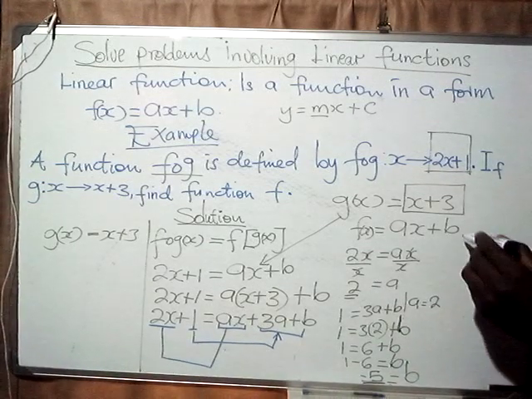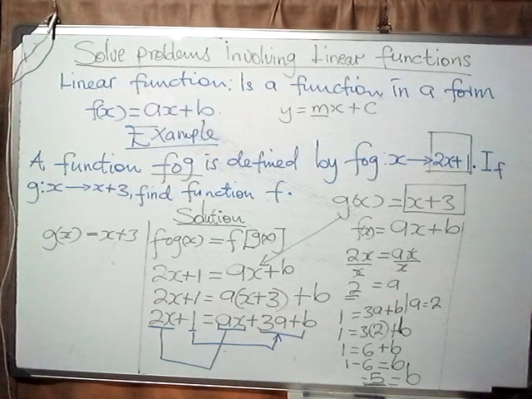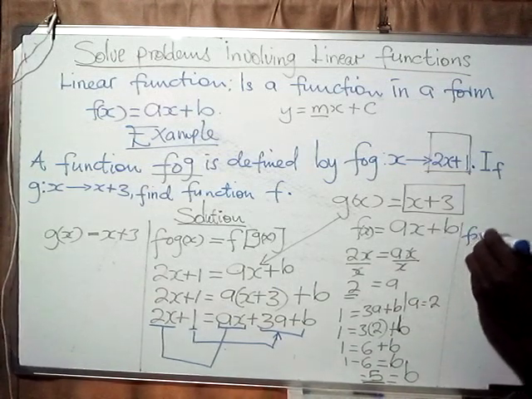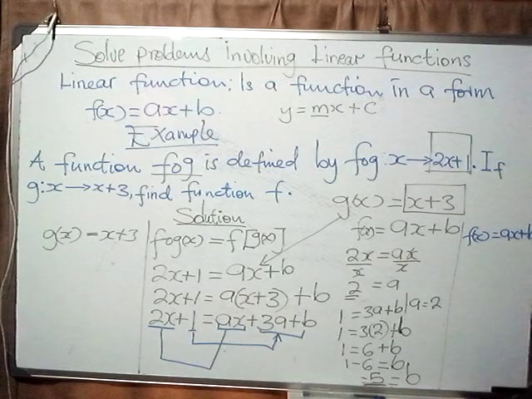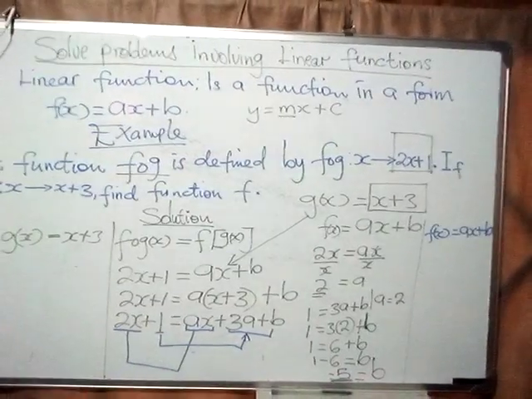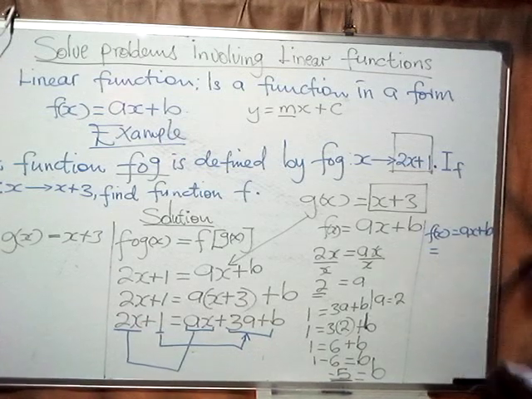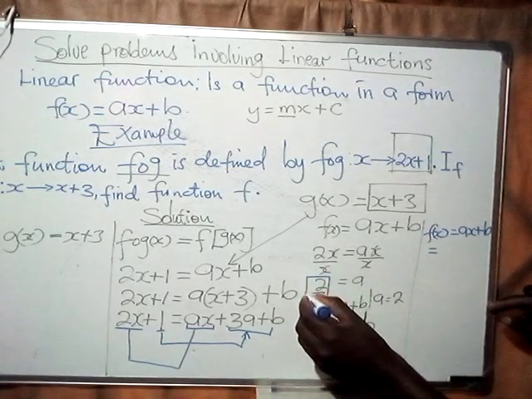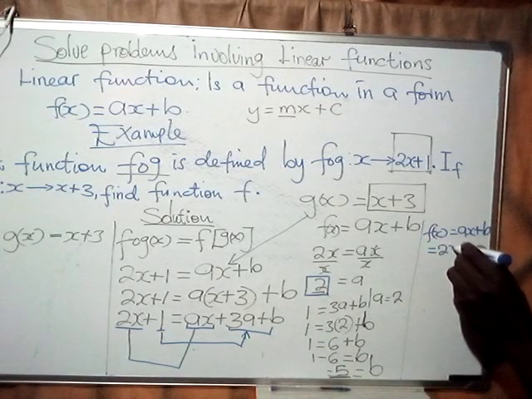Now we come to our equation. We are finding the function f. So the f function is equal to ax plus b. What is our a? Our a is the answer we got for a, so we put 2x.